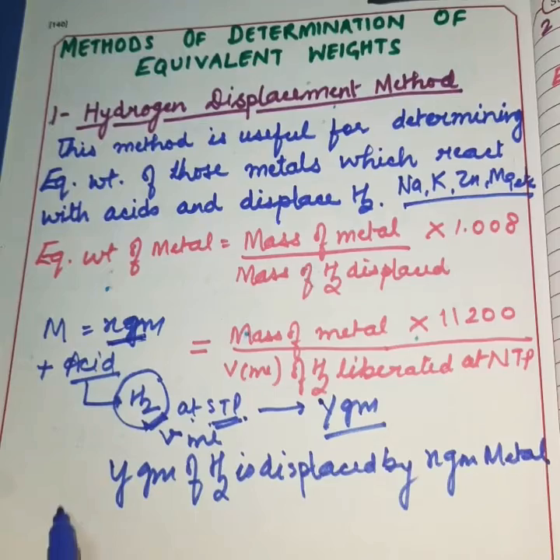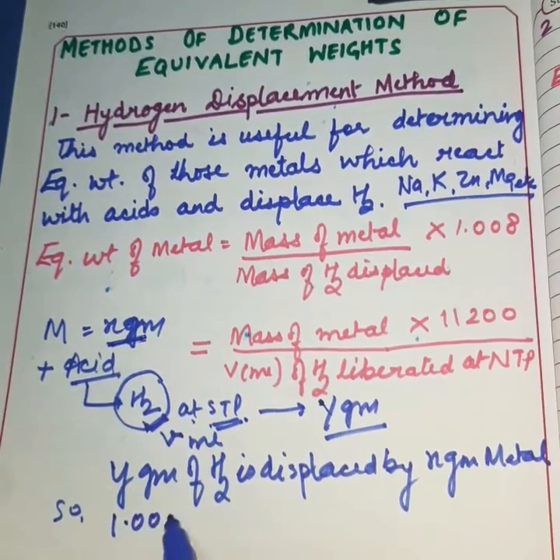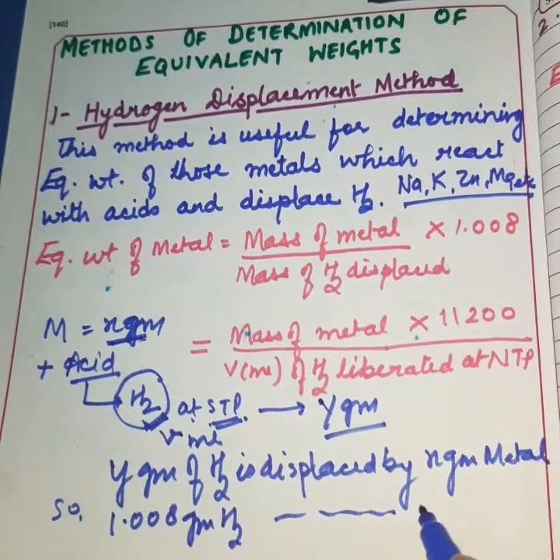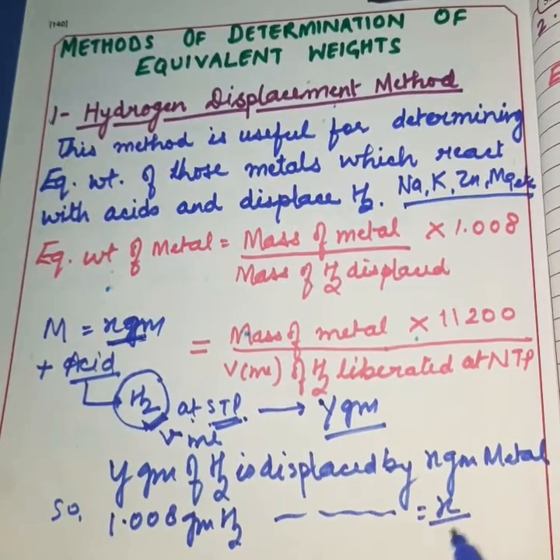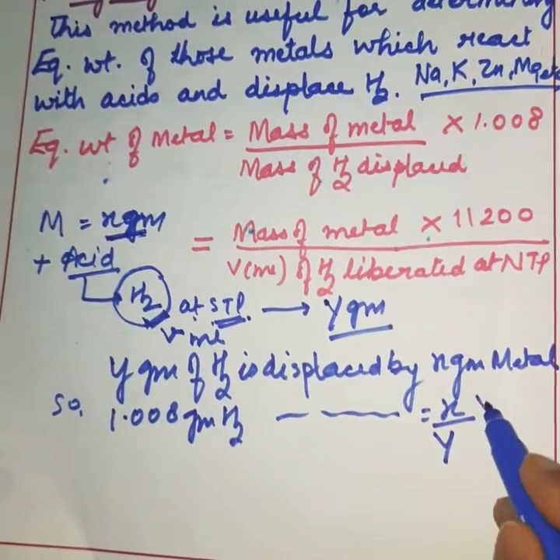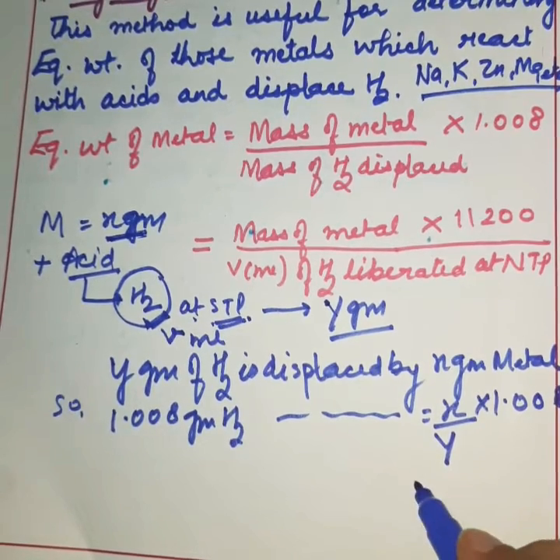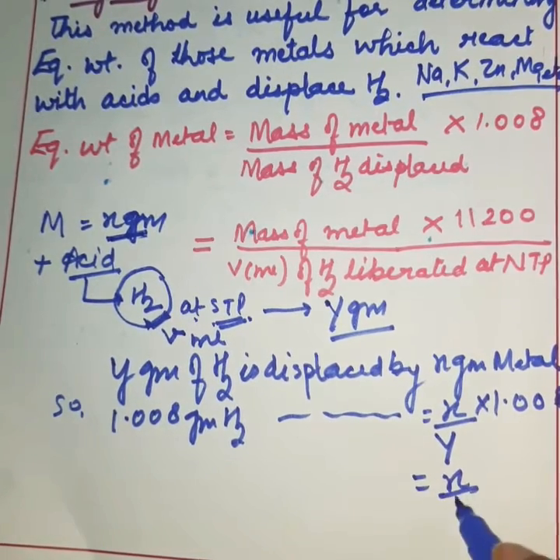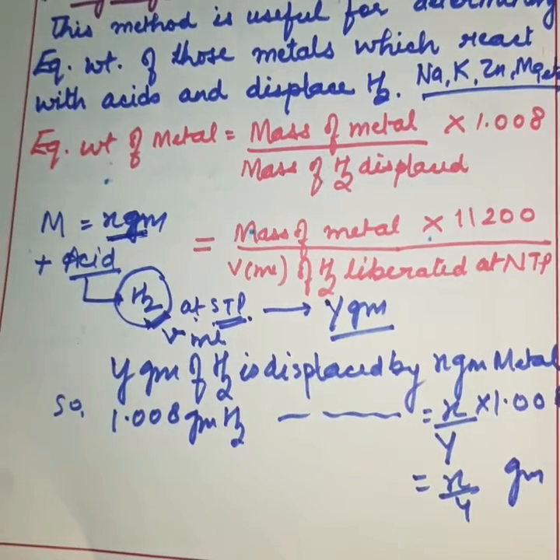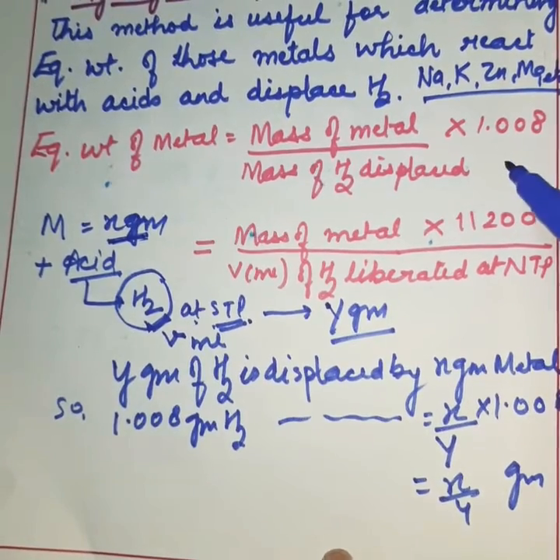So 1.008 gram hydrogen will be displaced by x upon y into 1.008, or you can simply consider 1. So x upon y gram. I hope it is clear.